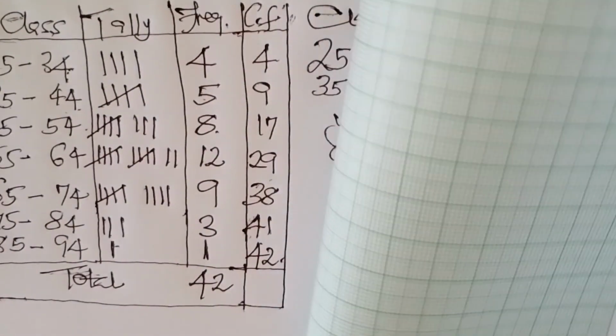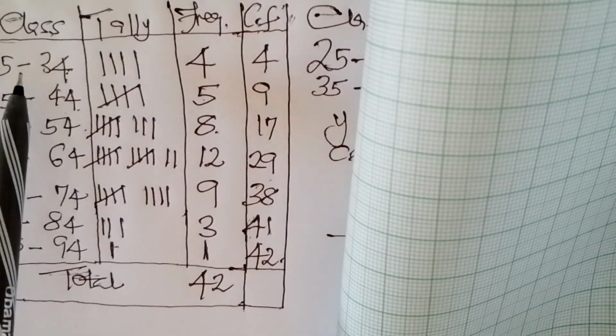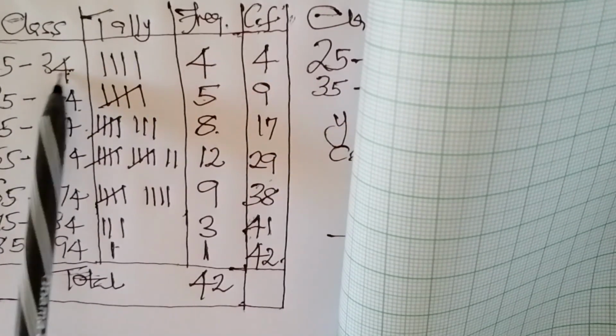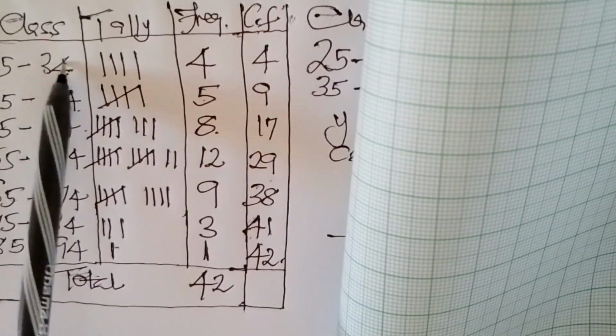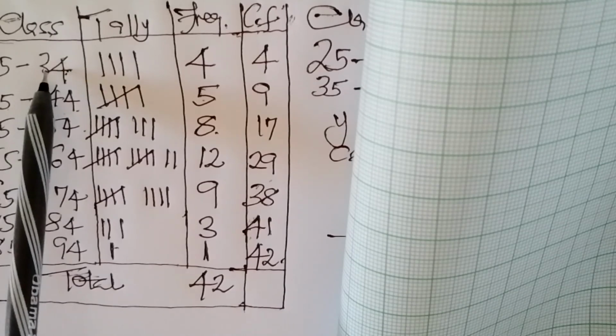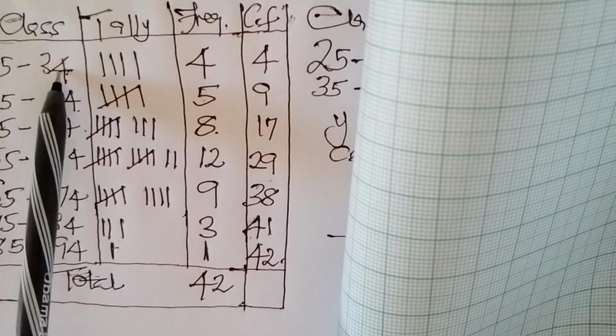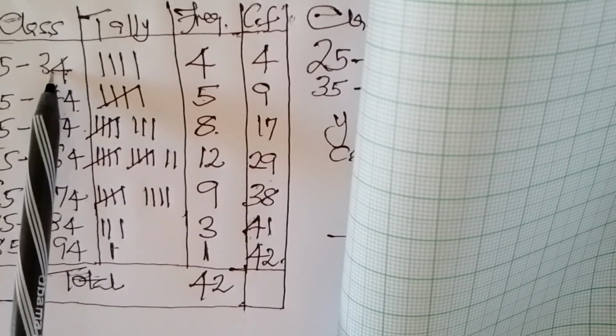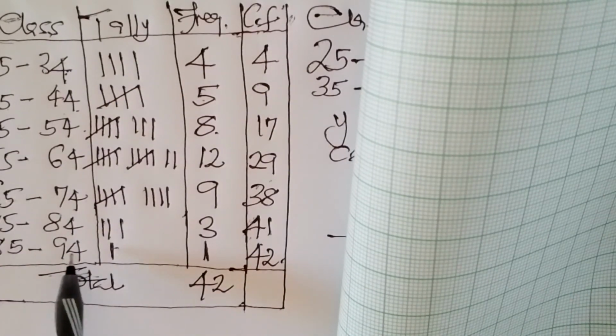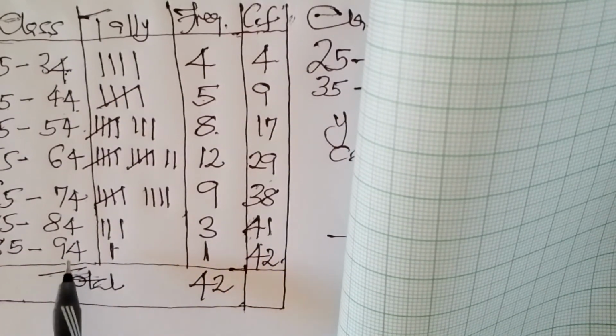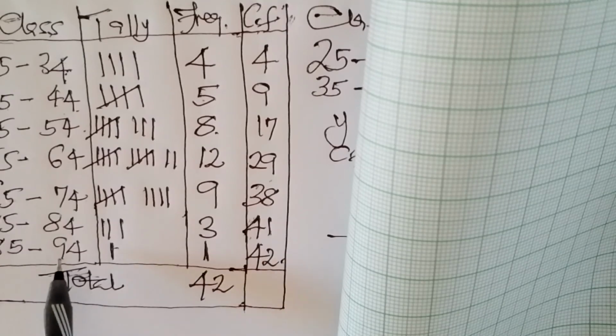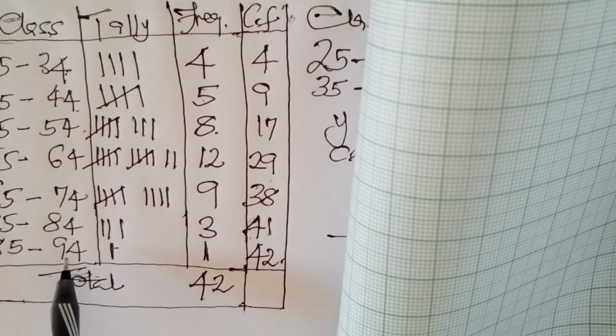We have seen that from our first class, the lower mark will be 34.5 and the upper mark will be 94.5 on the x-axis.